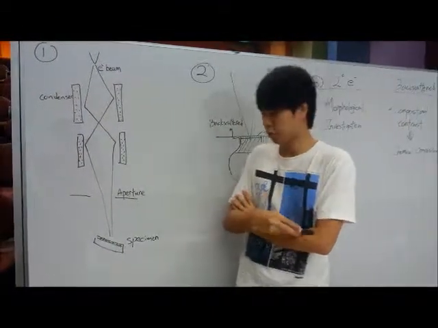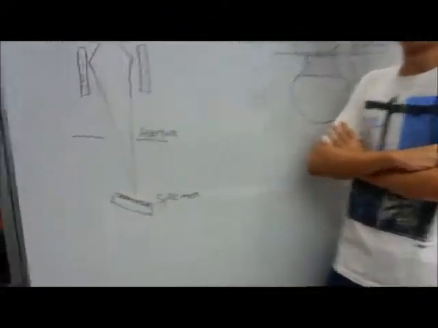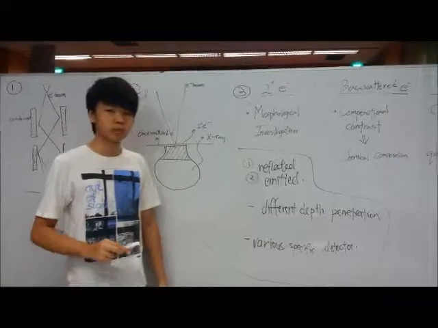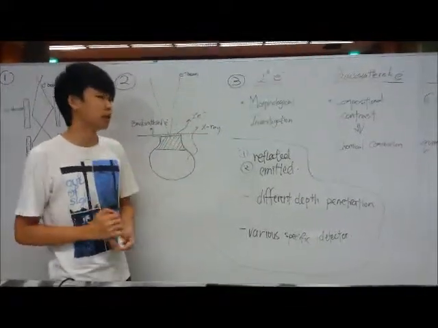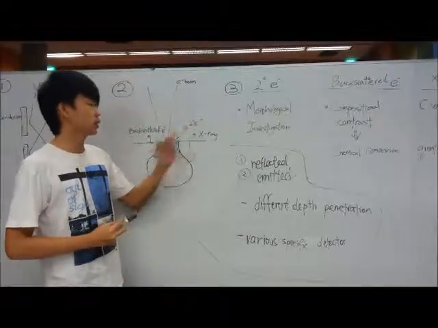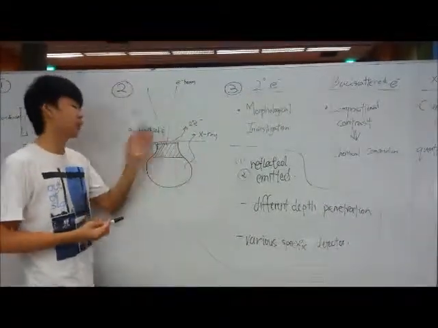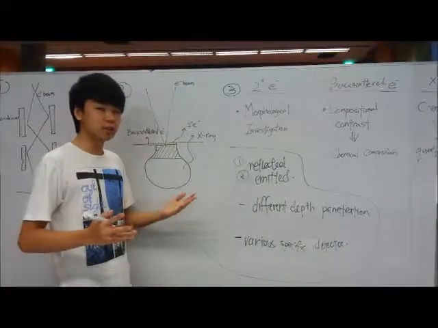Let's take a look at what's happening on the surface structure of the specimen. On the surface of the specimen, there are three different types of electrons that will be reflected or emitted. The first is the secondary electron, followed by the backscatter electron and the X-ray. Why is this so?